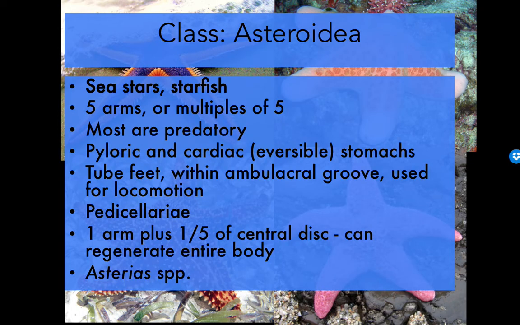It takes you from one place to another. That's where that word comes from, ambulance. It carries you somewhere. So the ambulacral groove is where the tube feet are kept on the oral surface, and that's how starfish typically move.